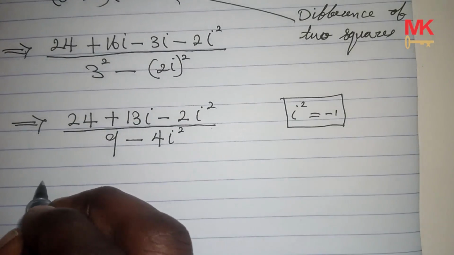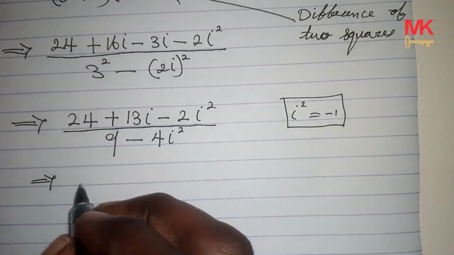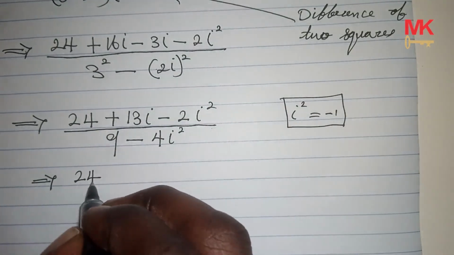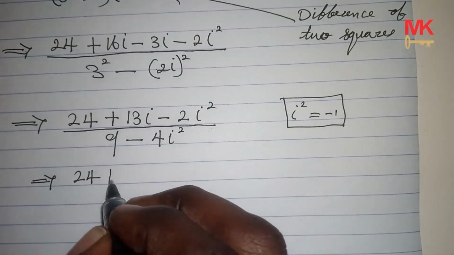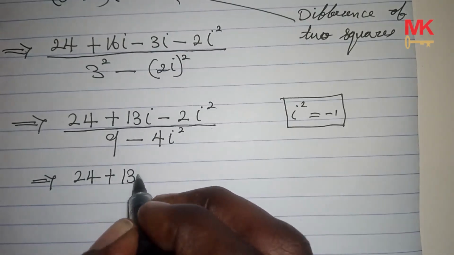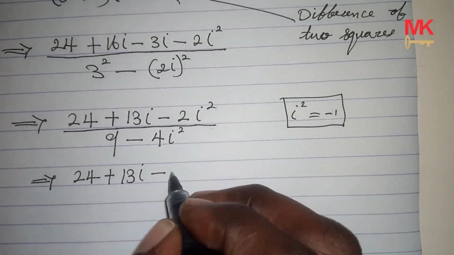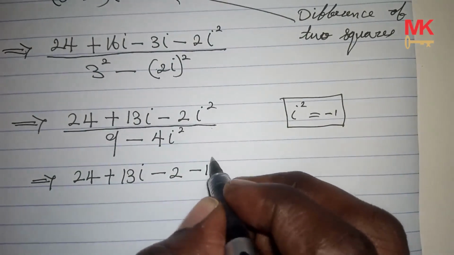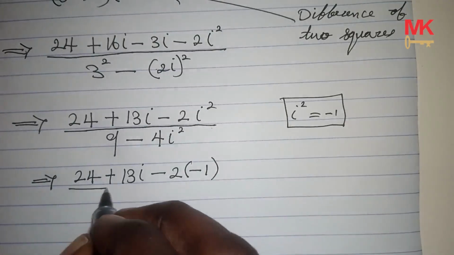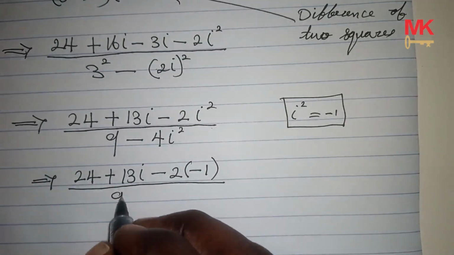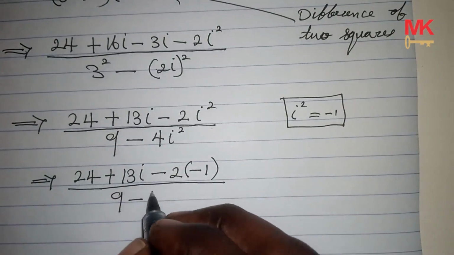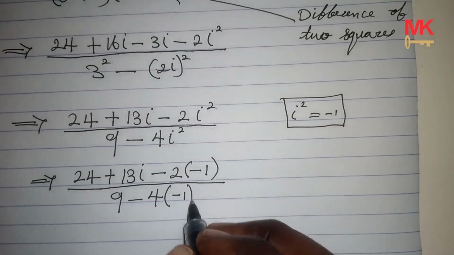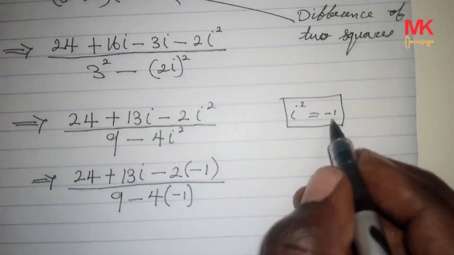So this implies 24 plus 13i minus 2 times (-1), divided by 9 minus 4 times (-1), so i squared is -1.